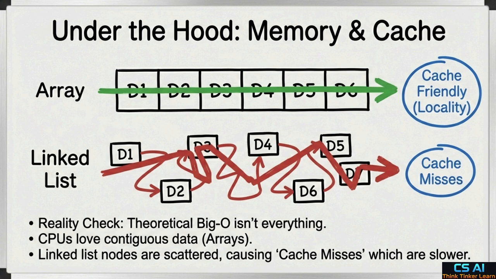Linked list nodes, however, can be scattered throughout memory. This means that when the CPU reads one node, the next node might be in a completely different memory location. This constant jumping around causes cache misses, which forces the CPU to retrieve data from slower main memory, making linked lists in practice slower for sequential access than arrays, even if their big O for certain operations seems similar.